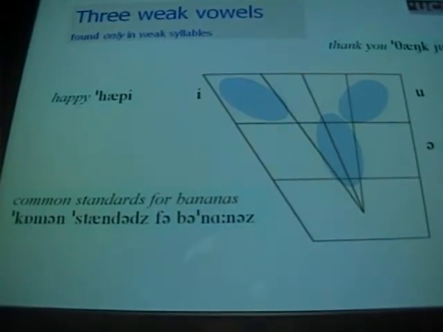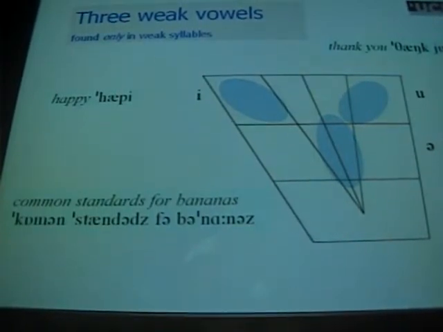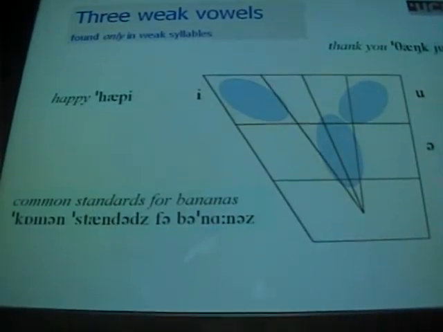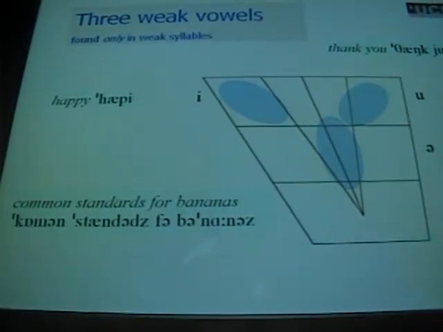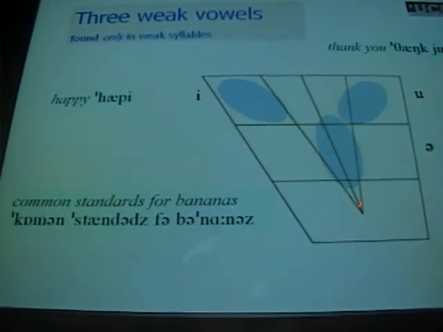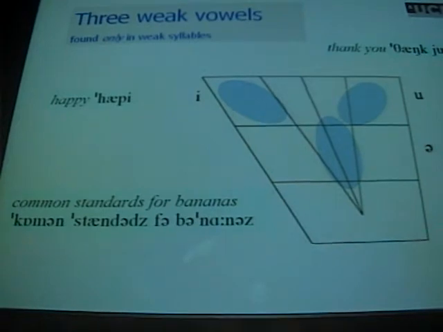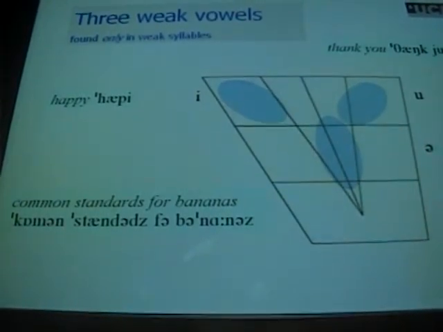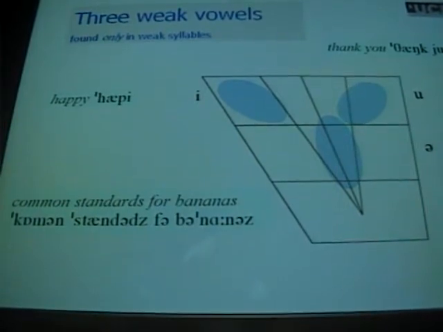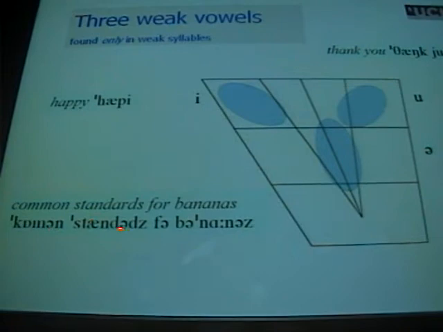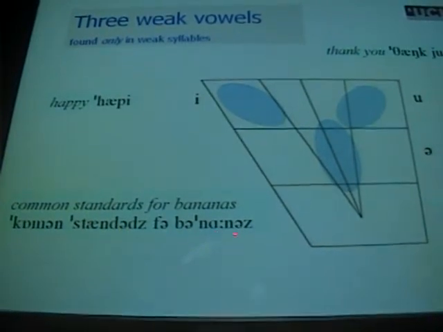Well, we have 3 particular vowels in English that are only found as a result of vowel weakening. These are the vowel at the end of happy, the vowel at the end of thank you, and the vowel at the end of words like comma. An example there. And we see these in the phrase common standards for bananas, where we've got lots and lots of weakening.